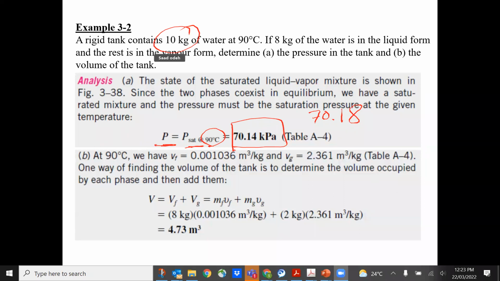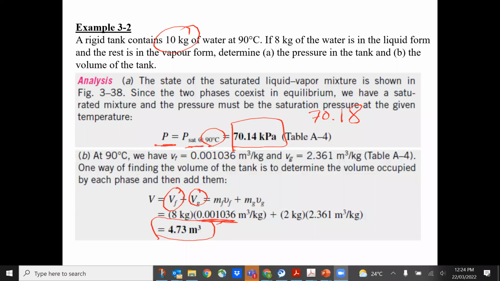So show me what's the total here. Do you have vf and vg? What's the value of vf and vg you have? We have to add them together.